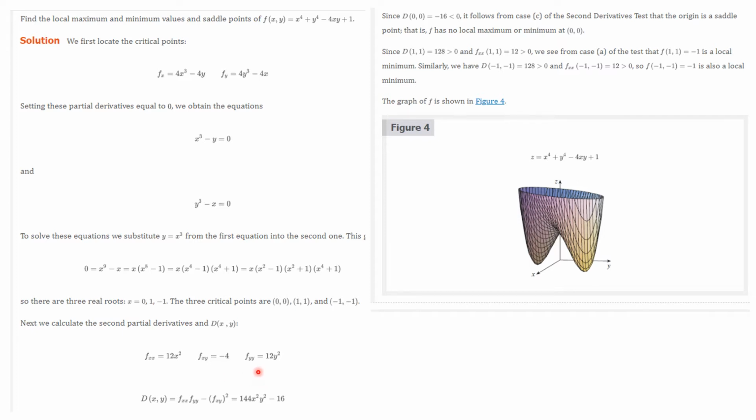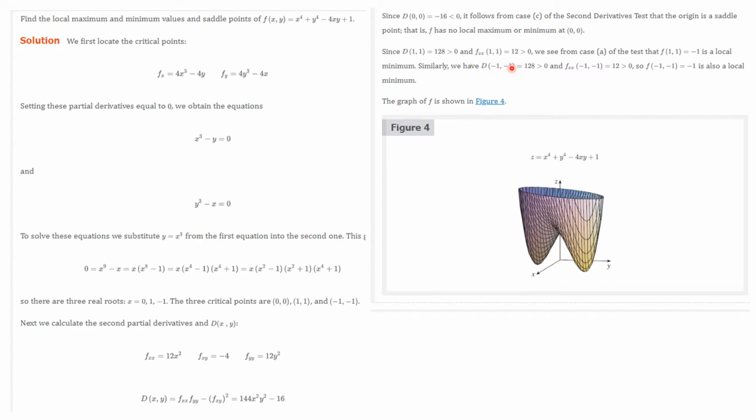And the derivative with respect to y is going to be 12y squared. And so when I substitute in, I get D equals 144x squared y squared minus 16. So when we plug that in, we find that for (0, 0), it is minus 16, that is less than 0. It's greater than 0 for these two.